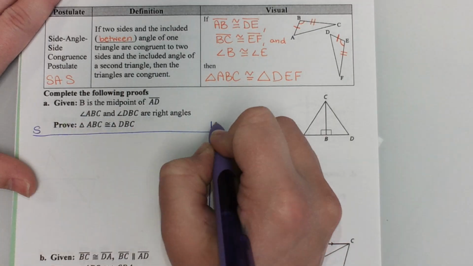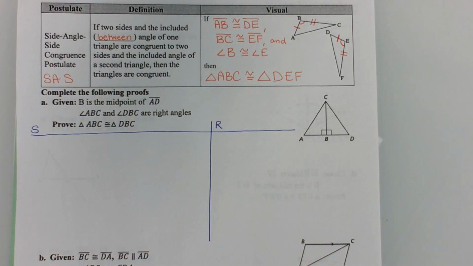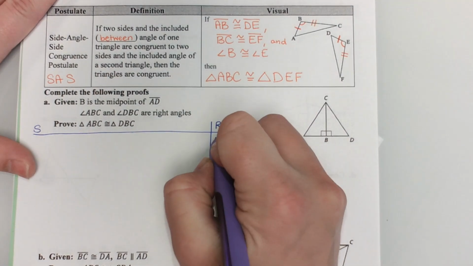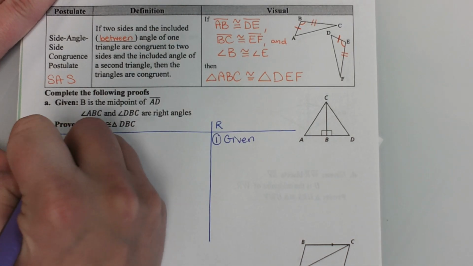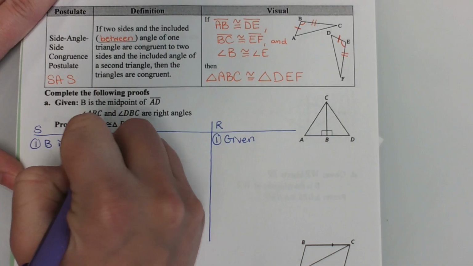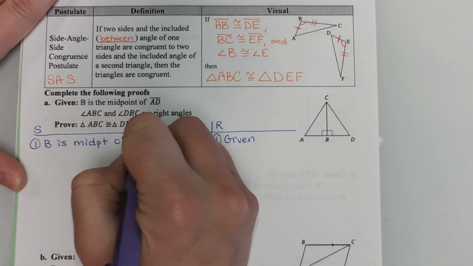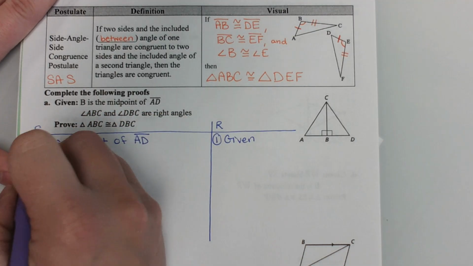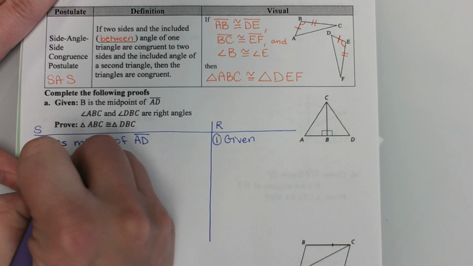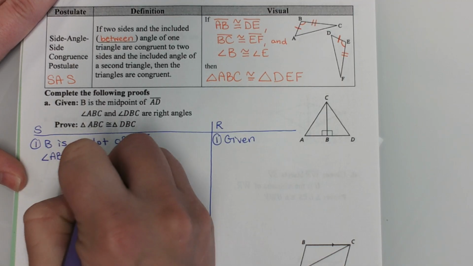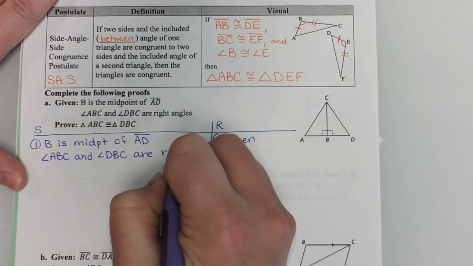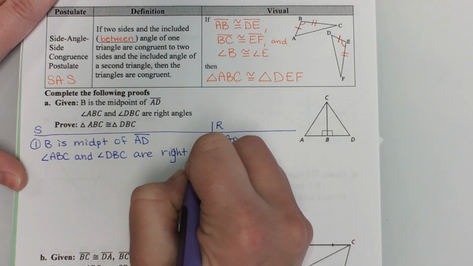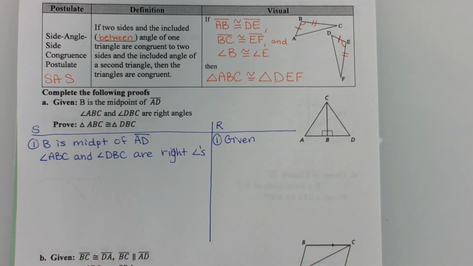First column is my statements, second column is my reasons, and every single proof, regardless of the proof, starts with given. I have two givens on this one.